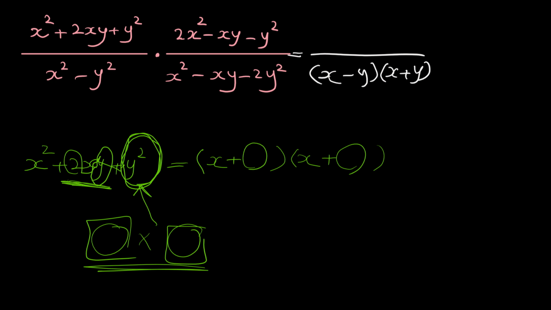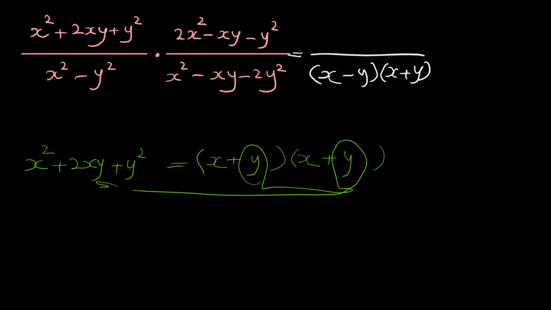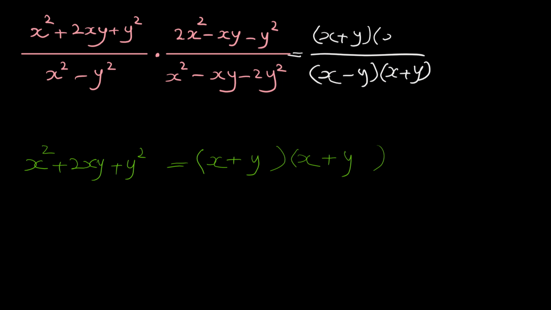Those terms are y and y, because y times y is y^2, and y plus y is 2y. Attention, the coefficient of x here is 2 times y. So y plus y is exactly 2y. So this is the factored form for x^2 plus 2xy plus y^2, and you can check this by multiplying these two brackets by each other. So the factored form of the numerator is x plus y times x plus y.